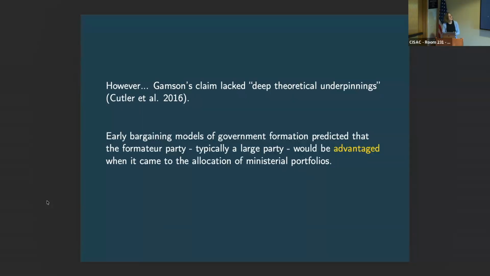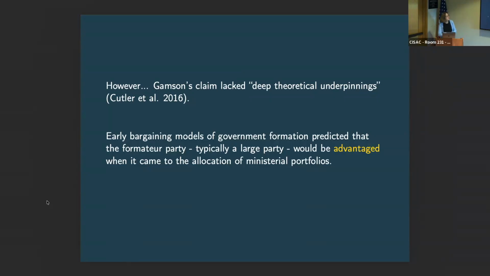Scholars noticed, though, that Gamson's law, as Cutler et al. put it, lacks deep theoretical underpinnings. And so in a search for deeper theoretical underpinnings, people turned to the formal literature looking at bargaining models.